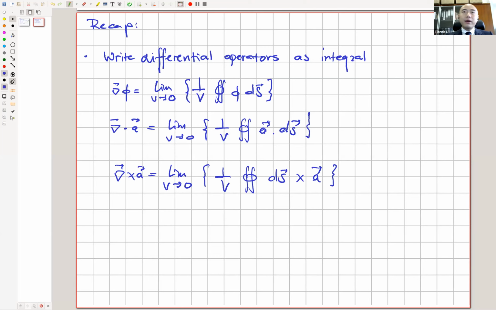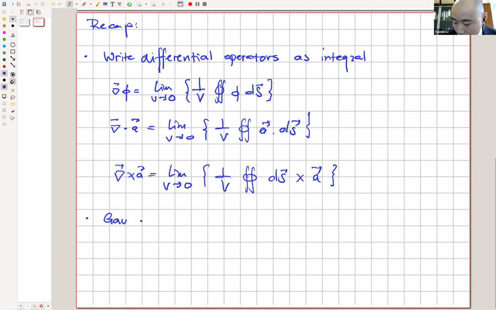Okay, so having done all of this, having constructed this picture, we moved on to prove two important theorems that come across quite often. The first one is Gauss's theorem.